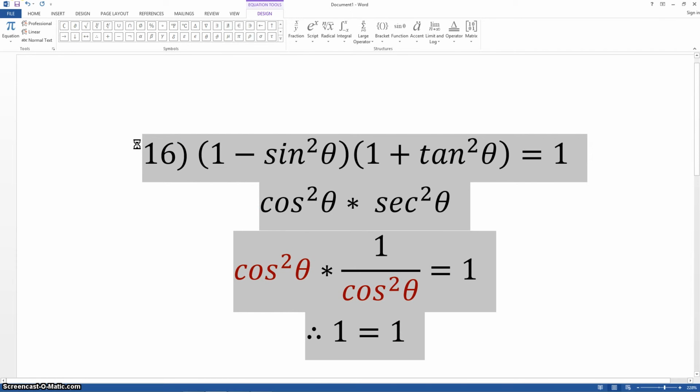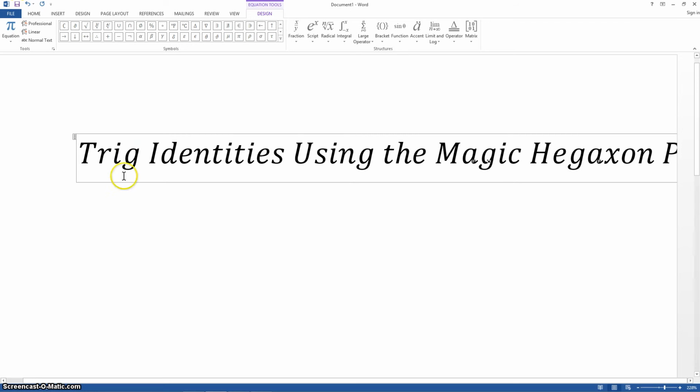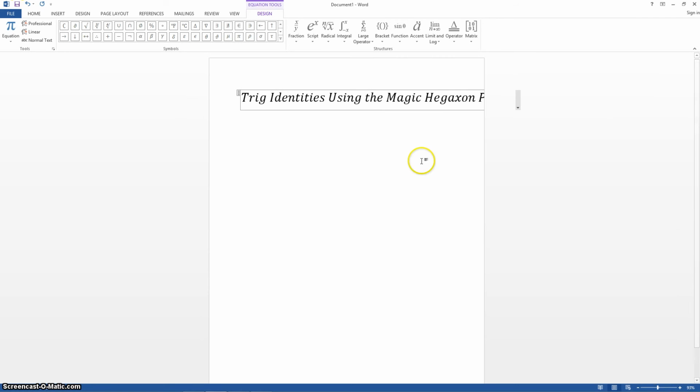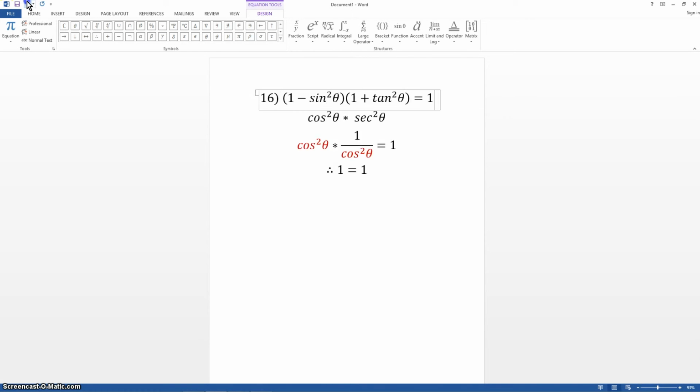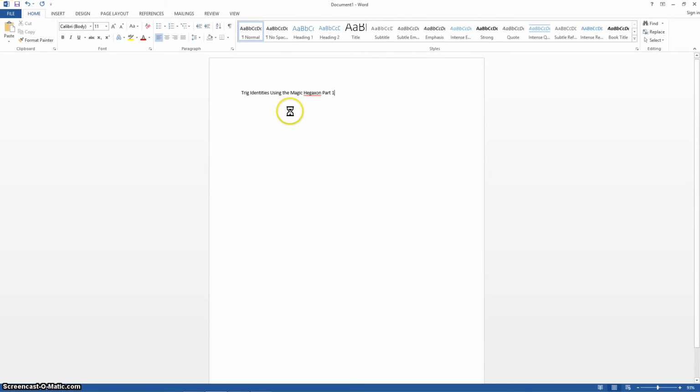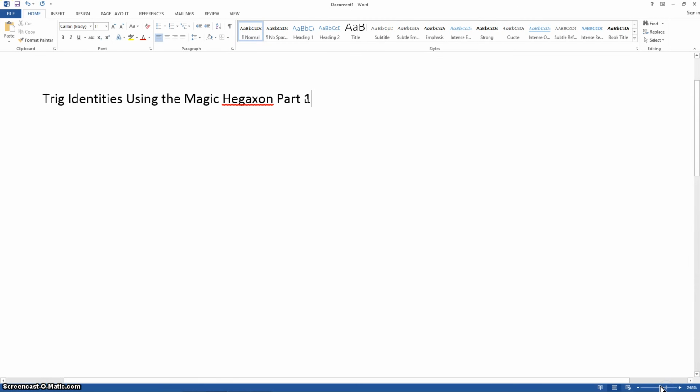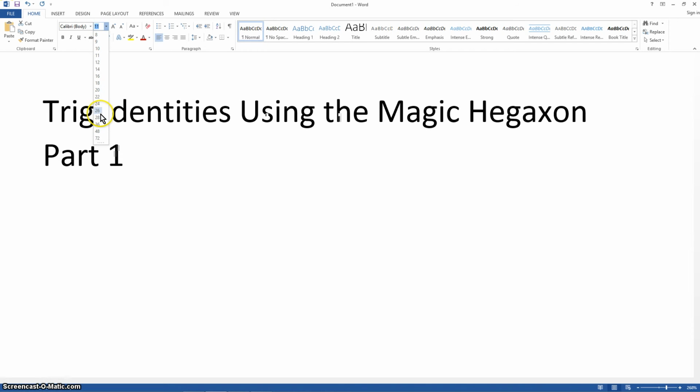Whoever is up there, go ahead and type the following: trig identities using the magic hexagon part 1.